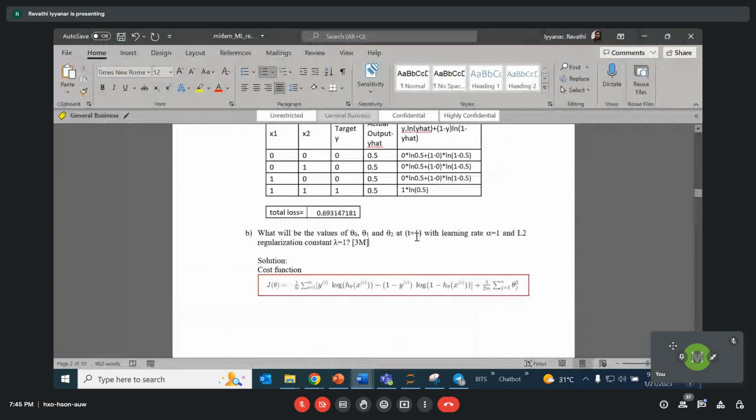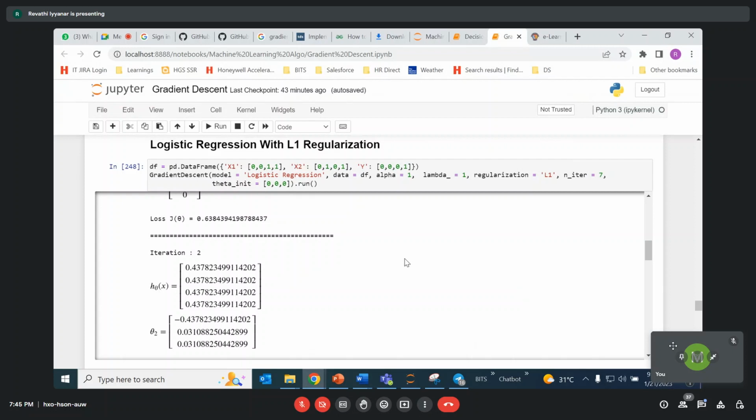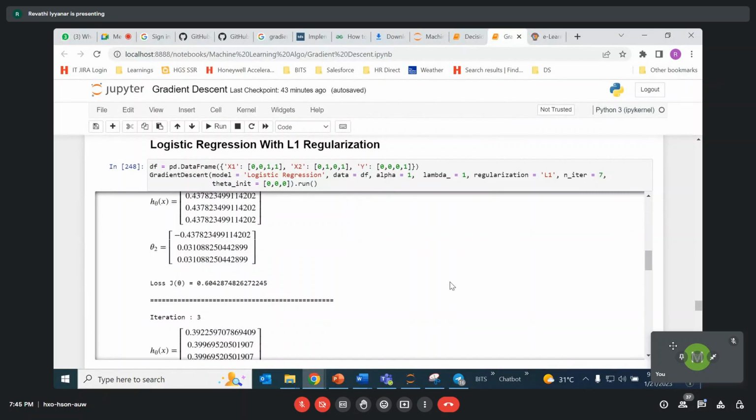In this question, they have mentioned what the values of theta naught, theta 1, and theta 2 will be at t plus 1, given the alpha rate and the L2 regularization constant. Sometimes they may use the names: Lasso is L1 and ridge is L2. They can say L1 or Lasso, L2 or ridge, ridge regularization.